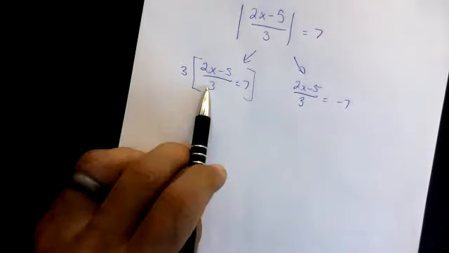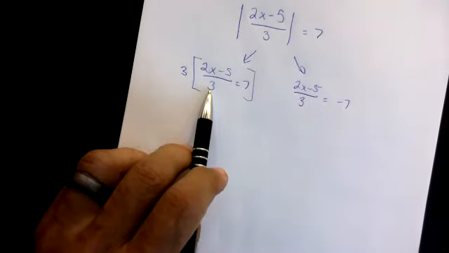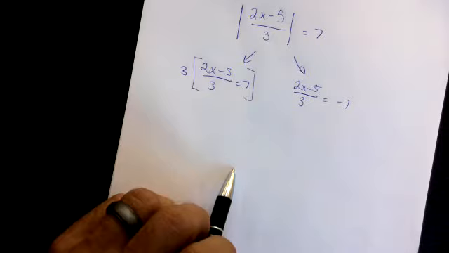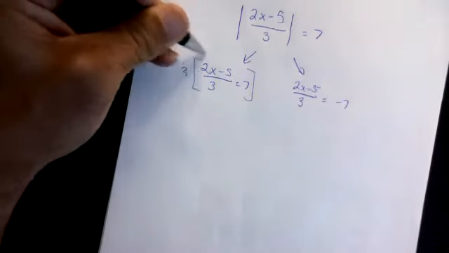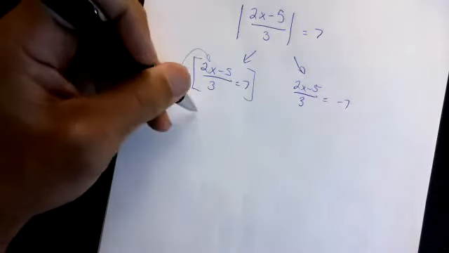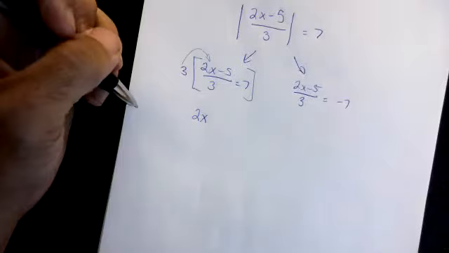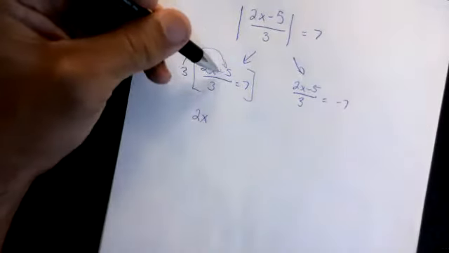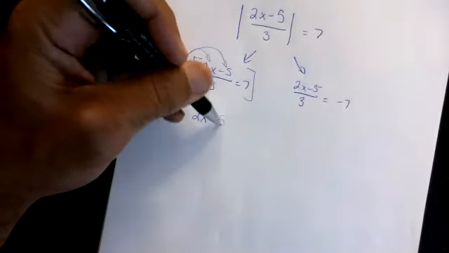I only have one denominator, it's 3. So if I multiply everything by 3, that gets rid of my fractions. For example, if I take 3 times 2x, I get 6x. 6x divided by 3 is just 2x. Same if I take 3 times -5, that's -15. Divided by 3 is -5.